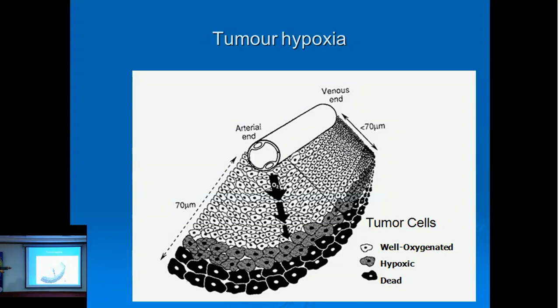This is a cross section of a capillary, and the oxygen diffuses only this much, and after that these are acutely hypoxic cells, and these are necrotic cells. The cells start dying when they are more than 150 micrometers away. Here it is shown 70 micrometers, but many people say up to 100 or 150 micrometers. Up to that, sometimes migration can take place.